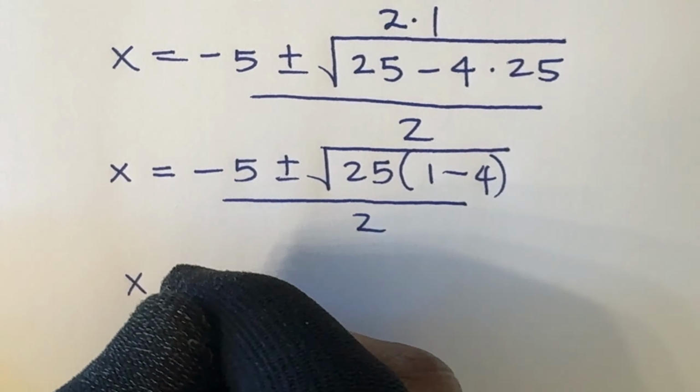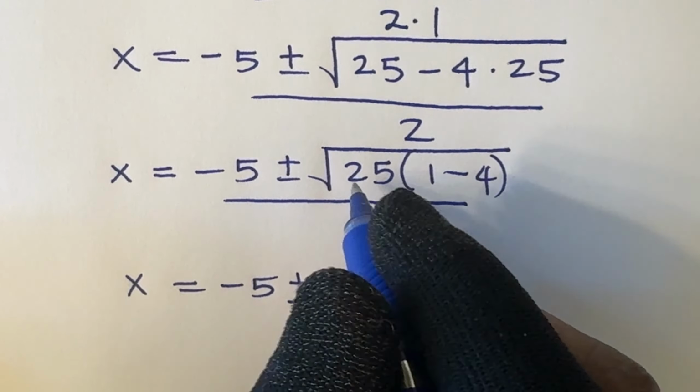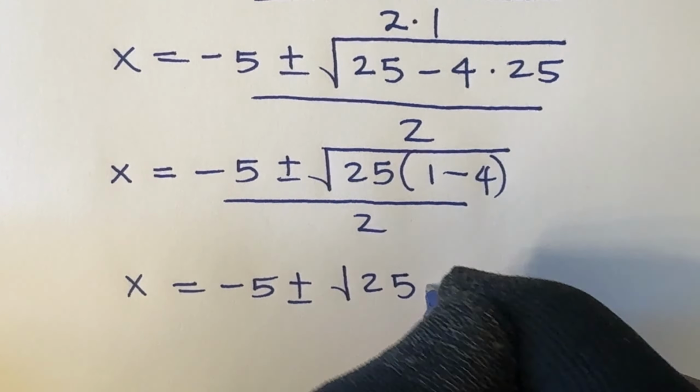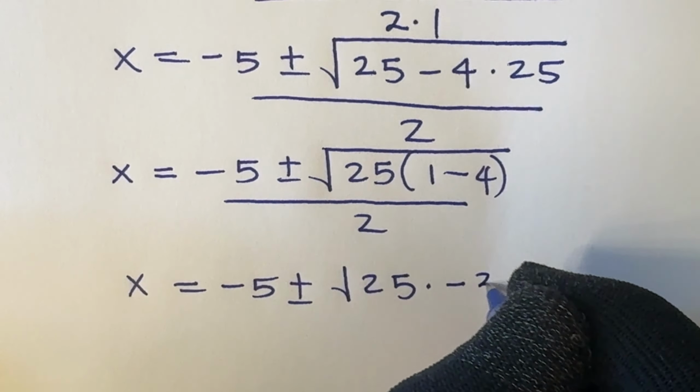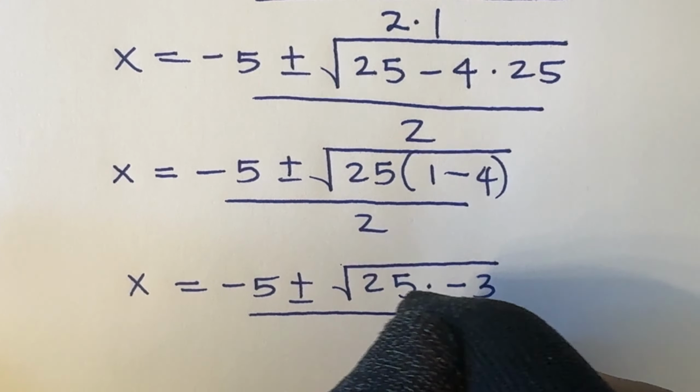So x is equal to minus 5 plus or minus the square root of 25 times negative 3, divided by 2.